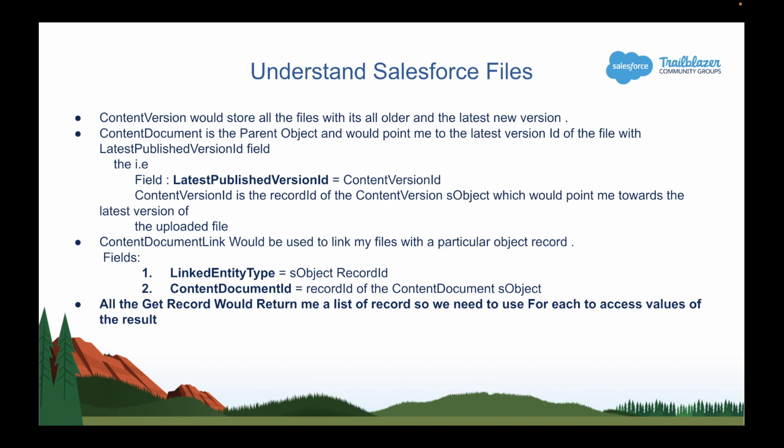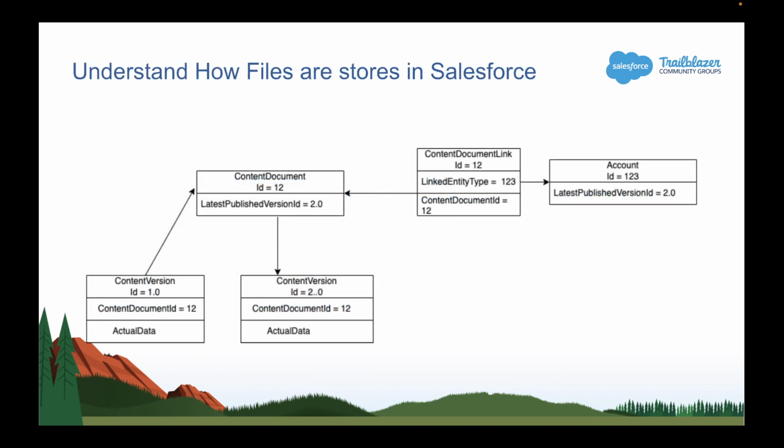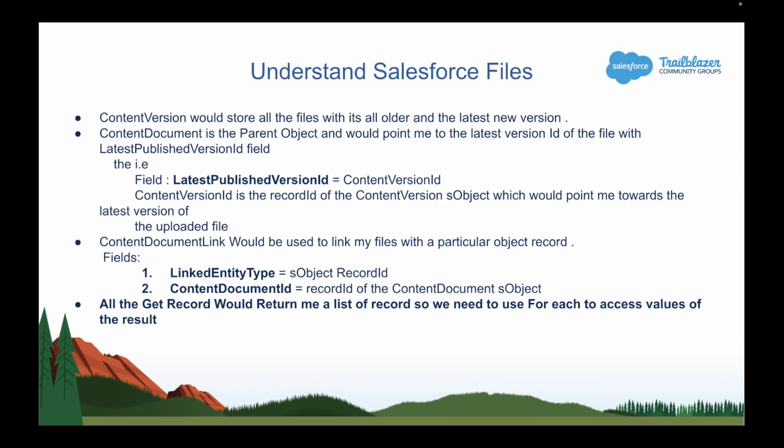Your record ID would be stored over here. And the second one is content document ID. If we can see over here, it will store the content document ID in this field. So this is how we store files in Salesforce and refer to them in my CRM.